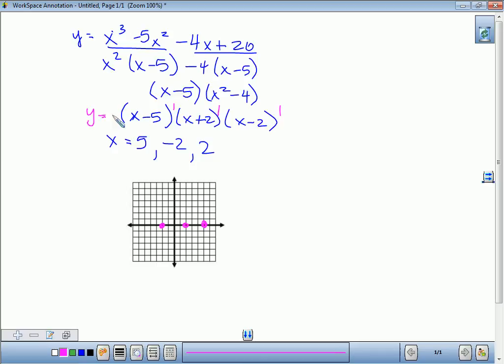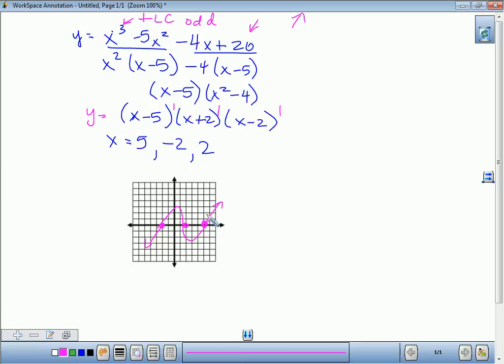Well, all of these are odd, so it's going to pass, pass, pass. Now the other thing that we need to know in order to be able to graph is the end behavior. Because this is an odd degree function with a positive leading coefficient, we know it falls to the left and rises to the right. So it's going to fall, it's going to rise, it's going to pass, pass, pass.